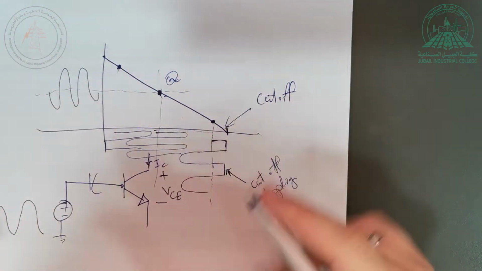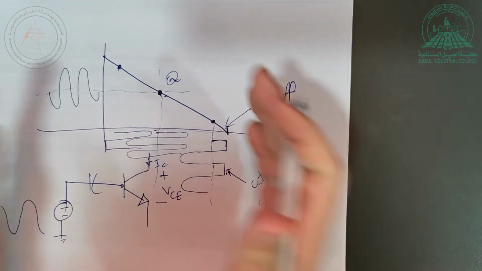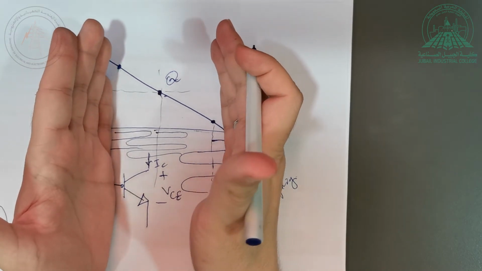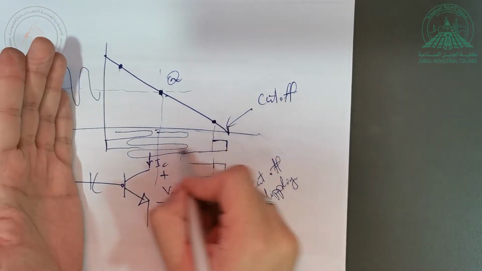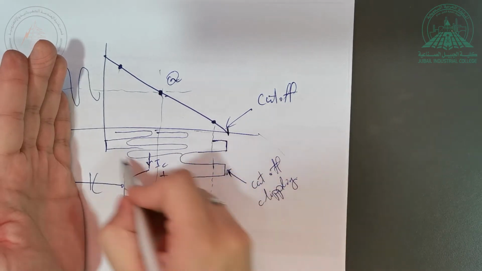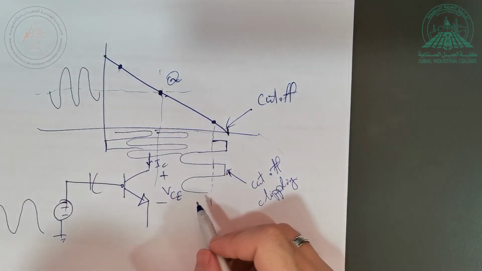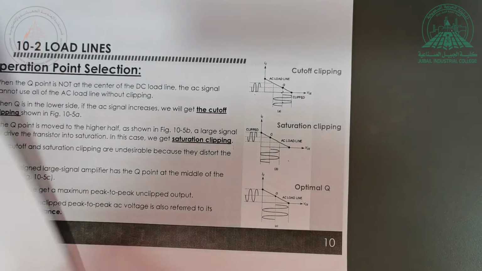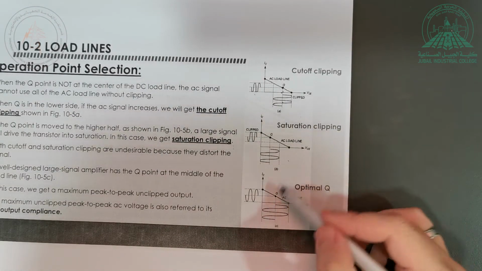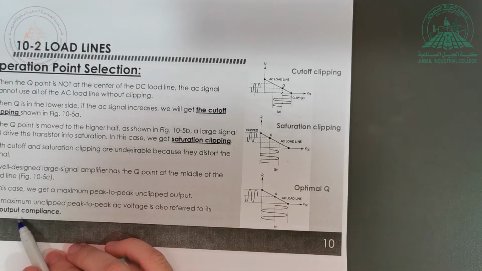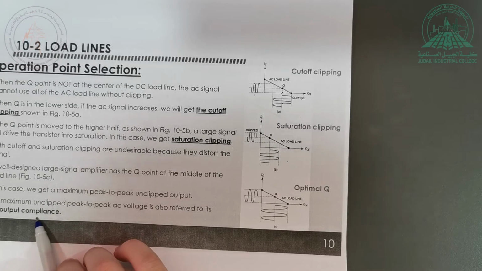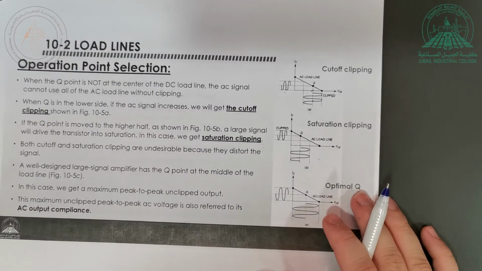You should change your bias circuit such that you're in the middle here, such that you have this full range as a window for your signal to be amplified without clipping, right? So this is called the optimal value of Q. This is called the AC output compliance. When you put it in the middle, meaning that the AC is not going to be clipped.